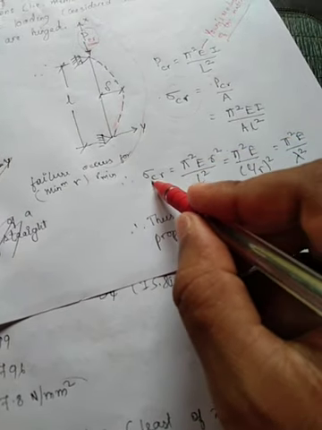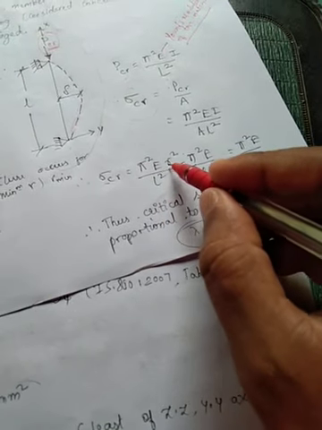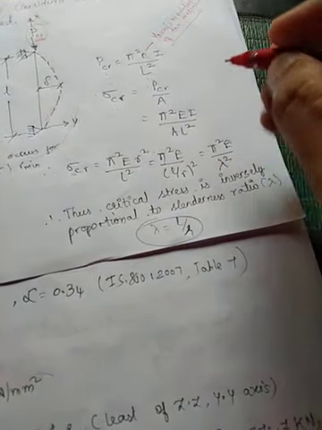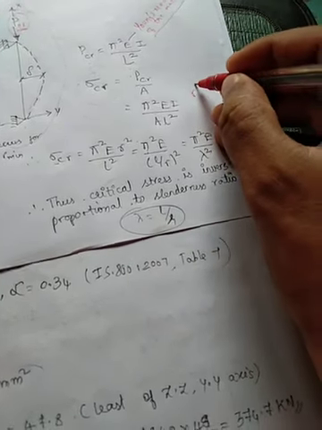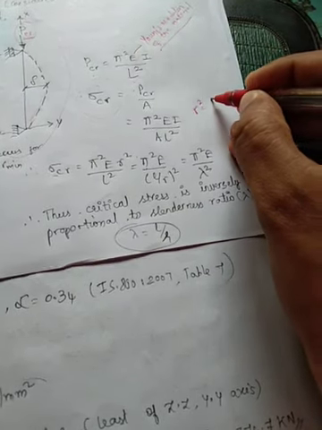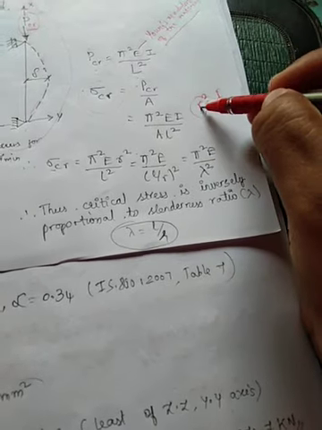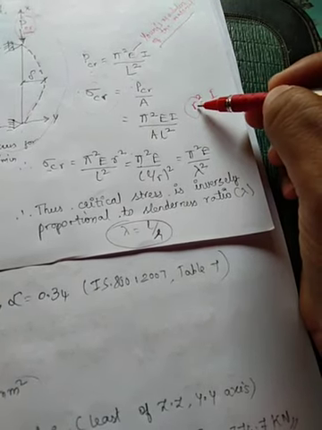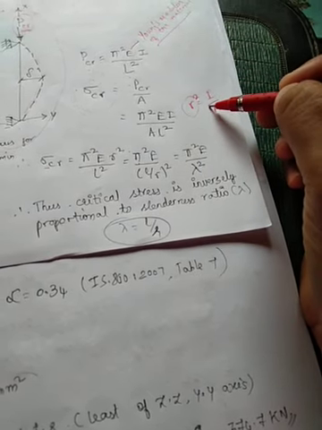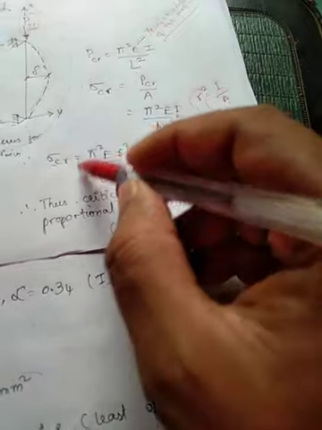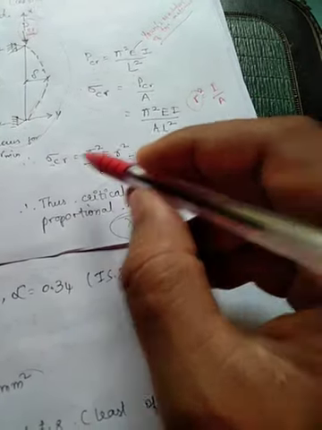Again, this stress sigma CR equals pi square E R square by L square, where R square is I by A, and R is the radius of gyration. I by A is nothing but R square.